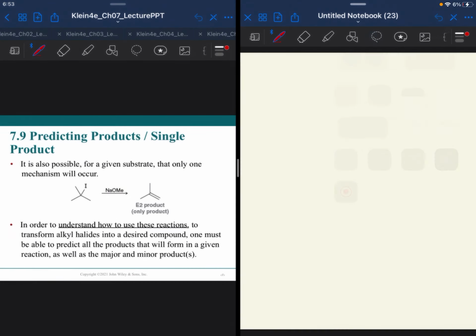Yes, okay, we're good. We are going to talk about how to handle problems now that we know about SN1, SN2, E1, and E2 mechanisms. Right? Something that you might have noticed by now is that they all look somewhat the same in the beginning, right?